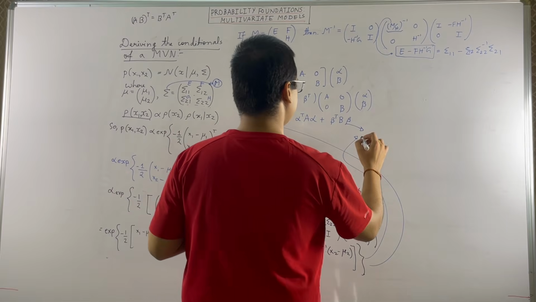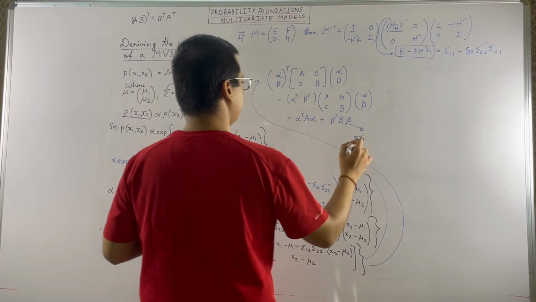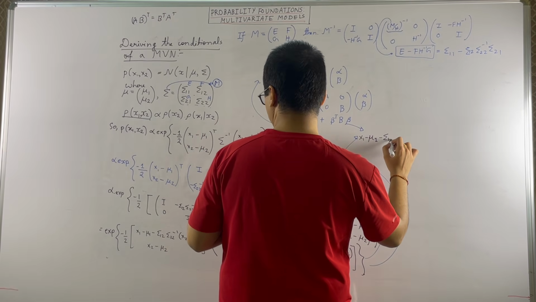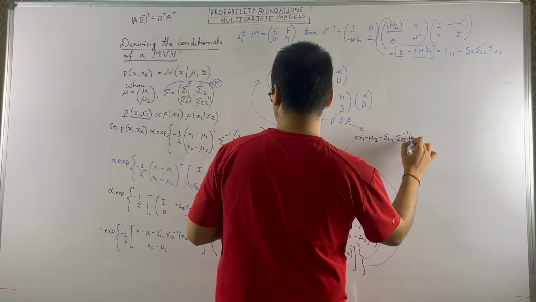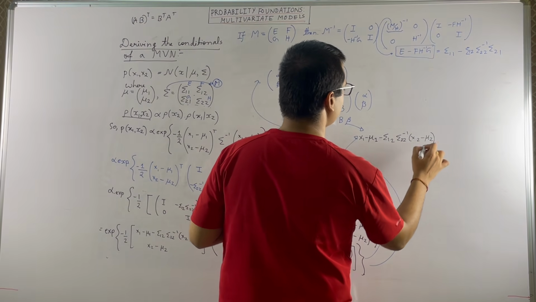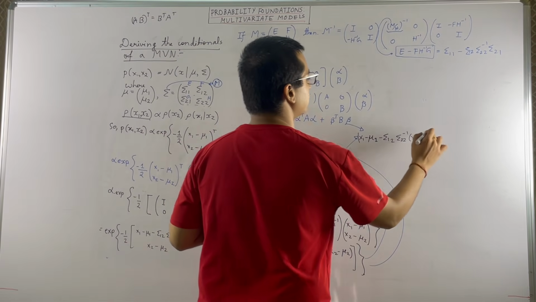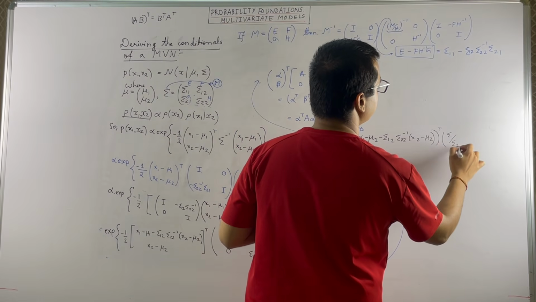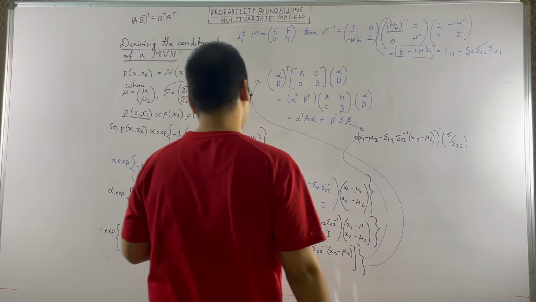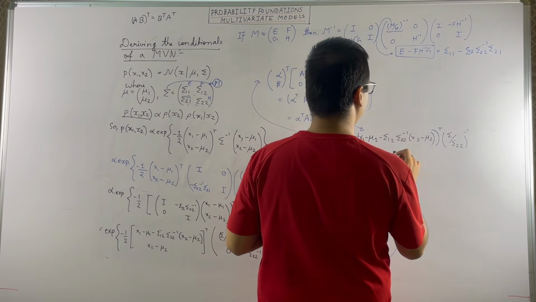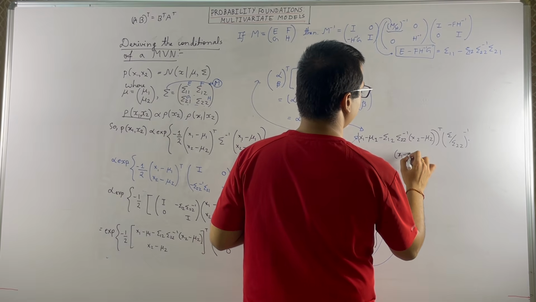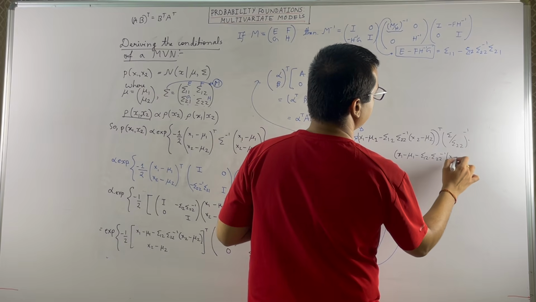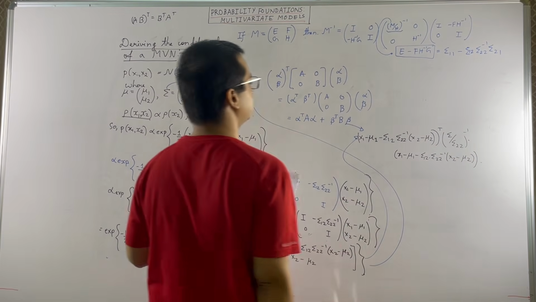So what we have is x1 minus mu1, minus sigma 1 2 sigma 2 2 inverse x2 minus mu2, this entire thing transpose times A, which is sigma by sigma 2 2 inverse, times this entire thing again, x1 minus mu1 minus sigma 1 2 sigma 2 2 inverse x2 minus mu2.